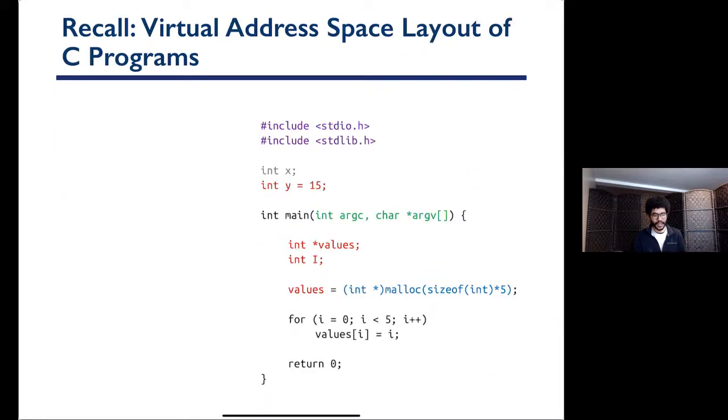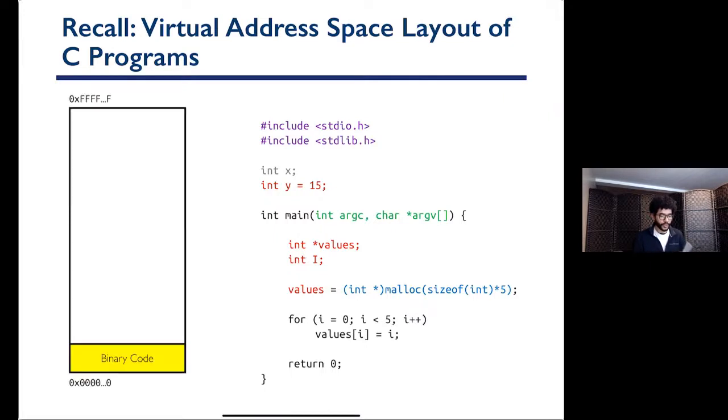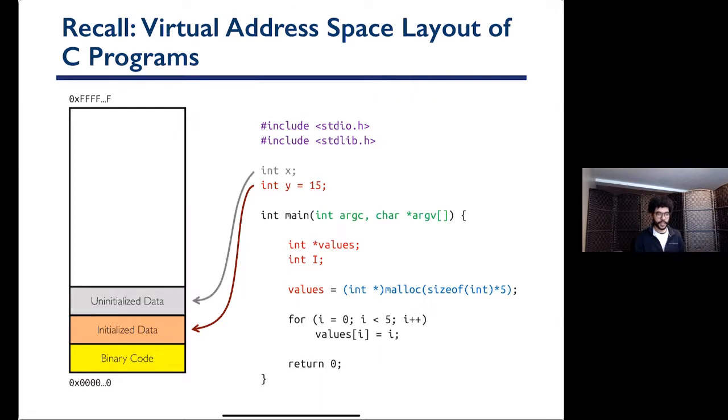Looking again, another recall, at how the virtual address space is organized, you should remember that at the bottom of your virtual address space, we had the binary code. Then we had the initialized data, then uninitialized data, then the heap.